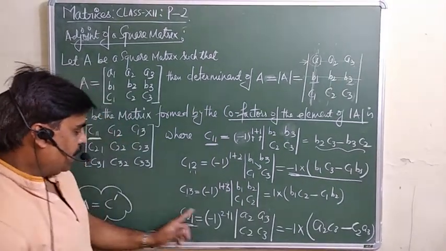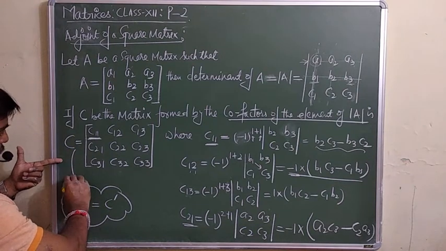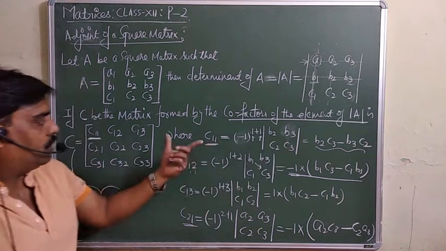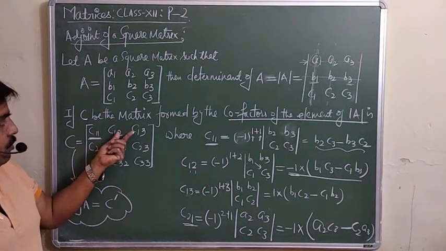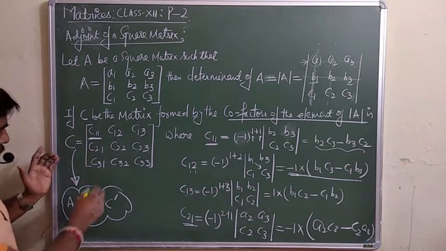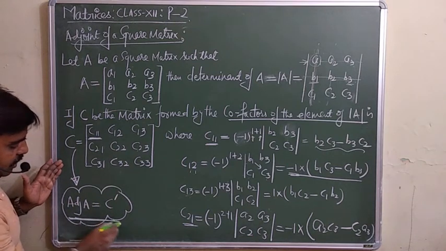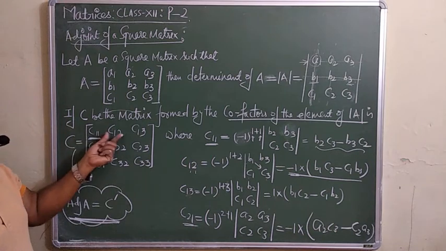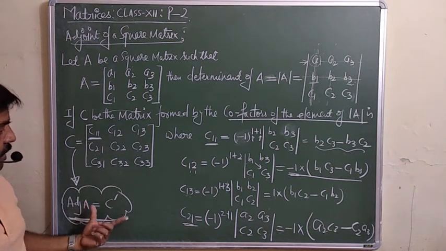So likewise you can find out the cofactors, and if we write the transpose of the cofactors, you have to write the value of C11 whatever you will get here, C12 value you must write down here, C13 value you must write down here, similarly here. And then if you write the transpose of this one, that will give you the adjoint A. So adjoint A is nothing else, that is the transpose of the cofactors which you are getting here. Now I will take the question, then we can understand. Have a look.